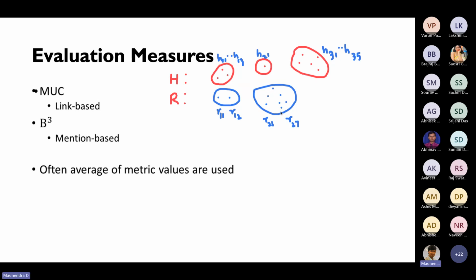So what we do in this MUC F measure is check how many links are common. From these clustering structures, you identify the edges. Suppose this is one edge which is matching with this edge here, and this edge here is matching with this edge here.